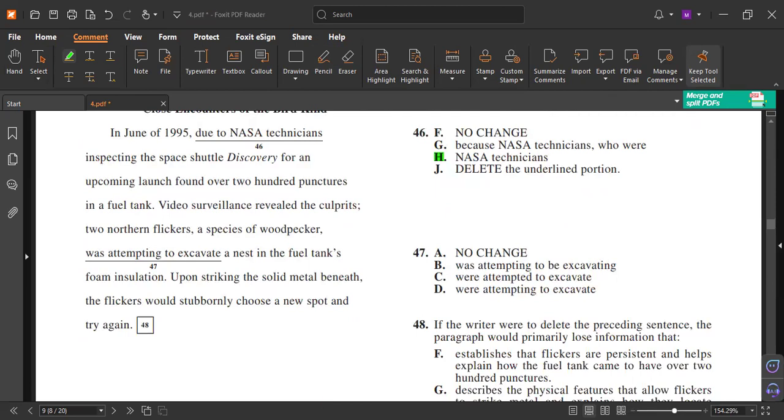47, wrong. Yes, it's letter D. Why did you make it C? It's not passive. You see, it's active. Let me help you. Here we have two clauses. Look, this is one clause, semicolon, second clause.